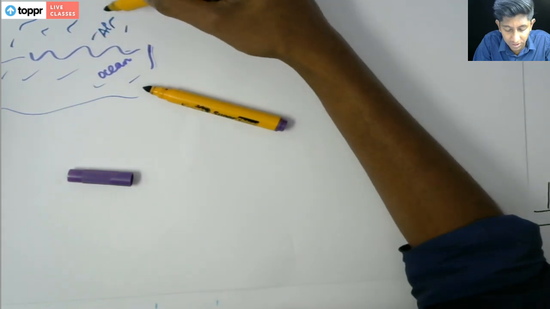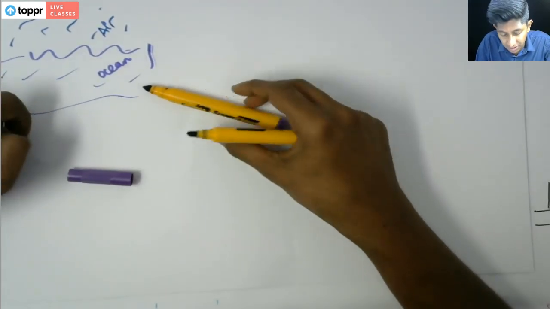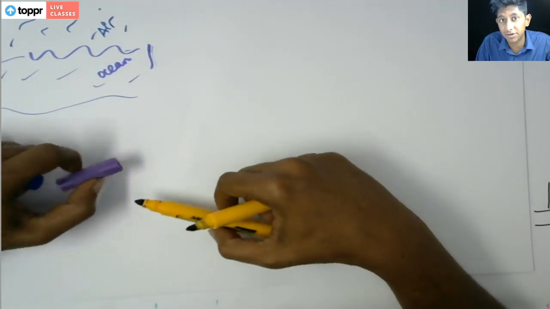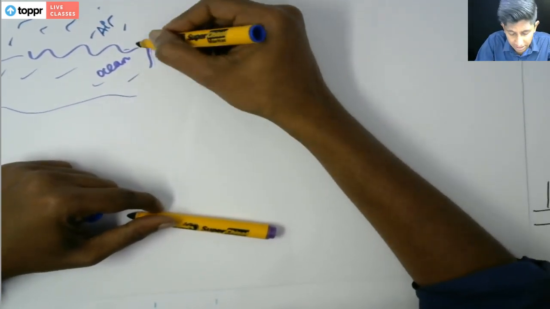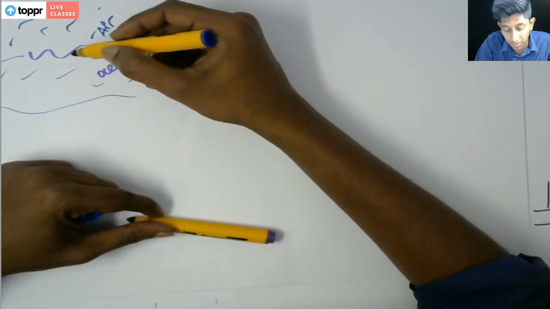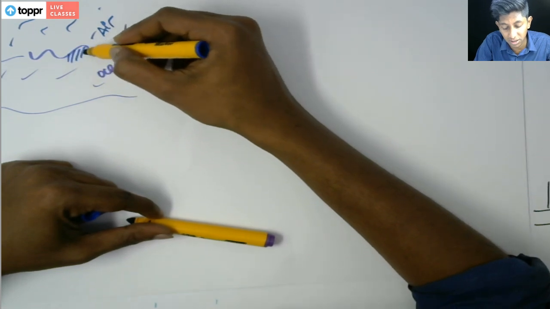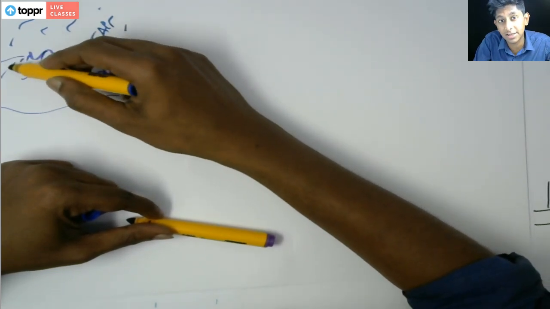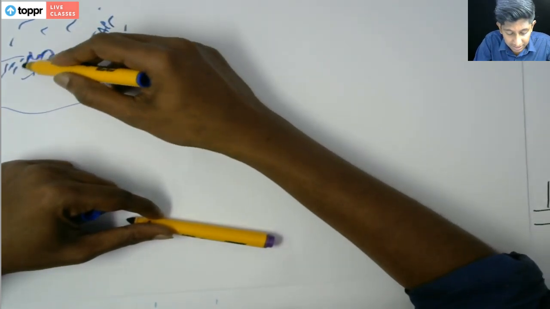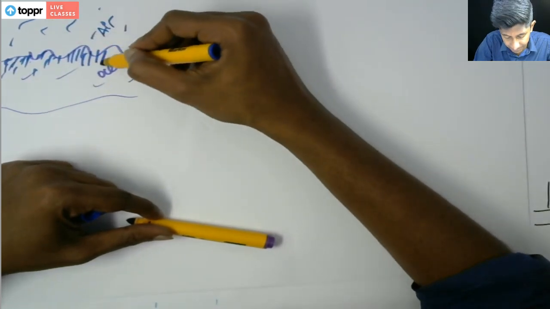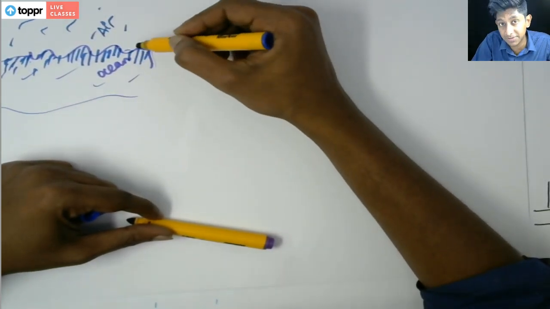If you notice carefully, there are different phases at work here. You have a liquid phase, which is obviously the water, but by itself it has a lot of dissolved salts inside it, and that is coming in touch with air, which is a gaseous phase.